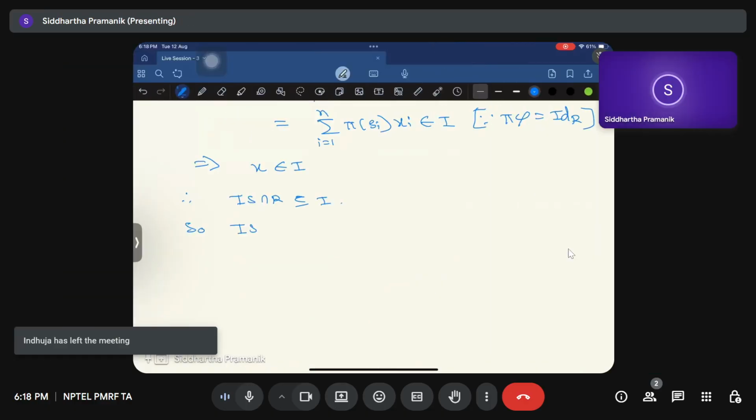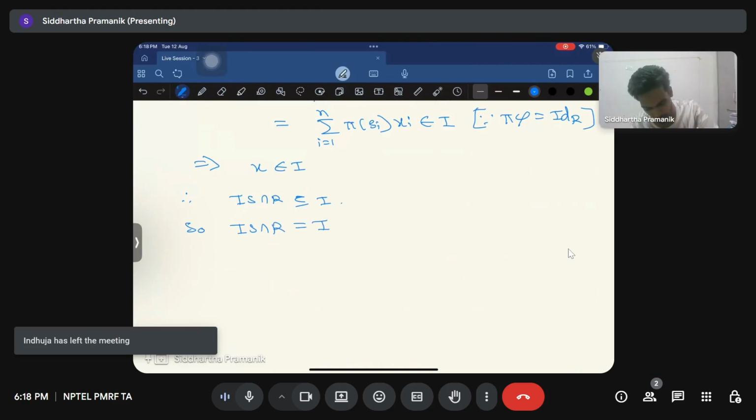So the intersection with R is basically equal to I.